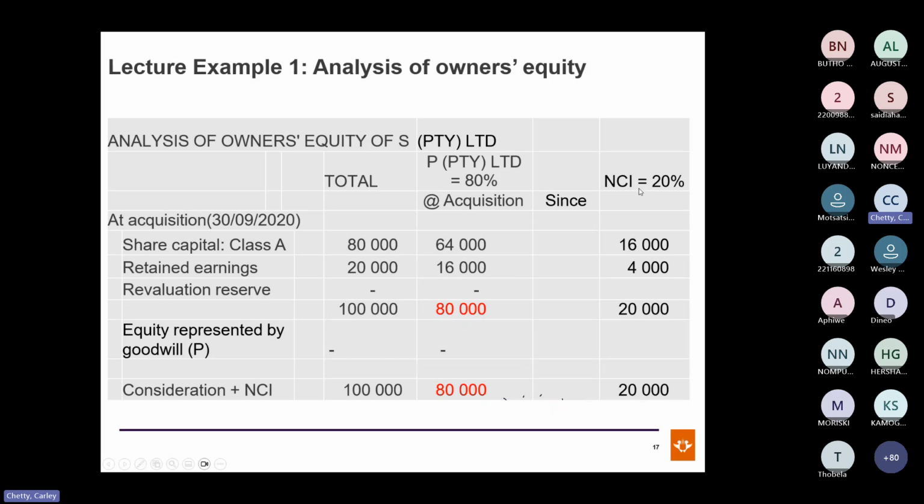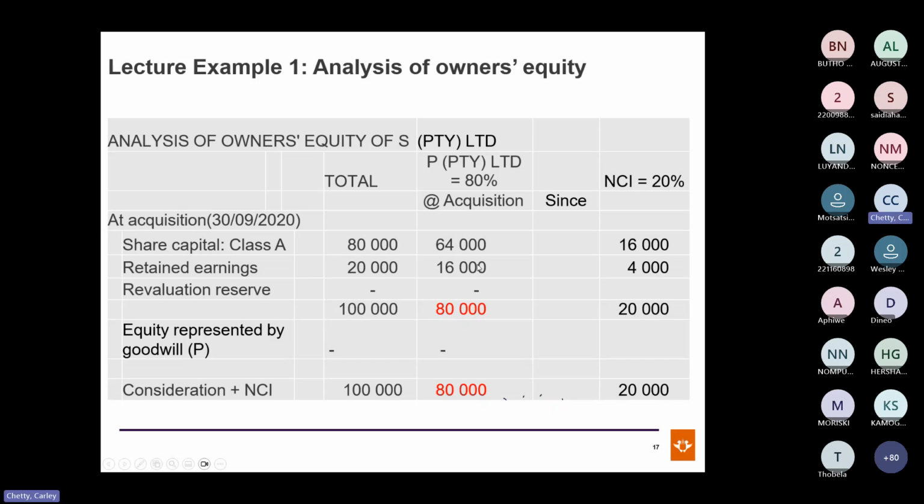Then we have the non-controlling interest, which is 20%. So that 20,000 of retained earnings in S PTY Limited multiplied by the non-controlling interest of 20% will give us 4,000 Rand.